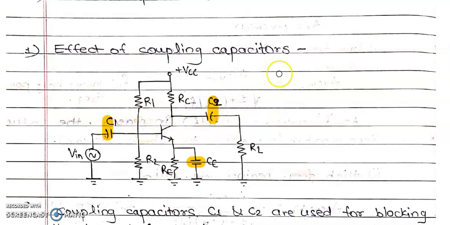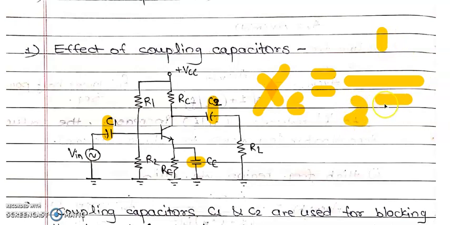Now the reactance of these capacitors is given as XC. The formula of this reactance is XC equal to 1 divided by 2 pi F C. Here the capacitive reactance varies inversely with the frequency.